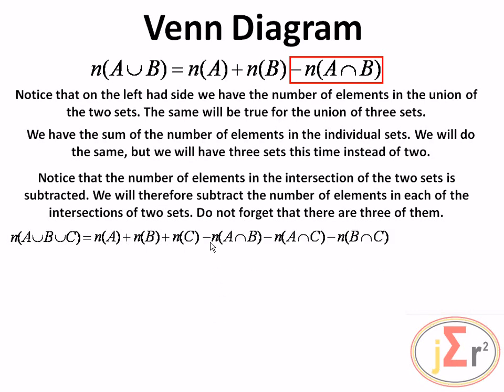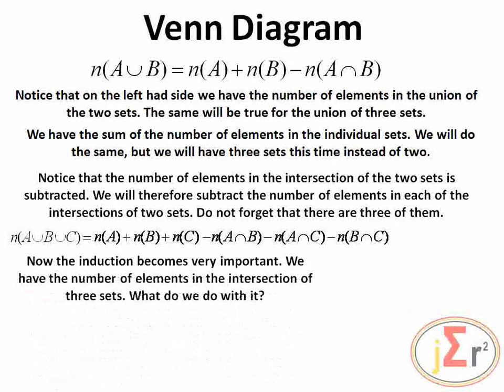So we have subtracting NA intersection B, minus NA intersection C, and minus NB intersection C, because we are saying that if we have intersection of two sets, they are going to be subtracted in the formula. What about the intersection of three sets? Because this formula is for three sets.